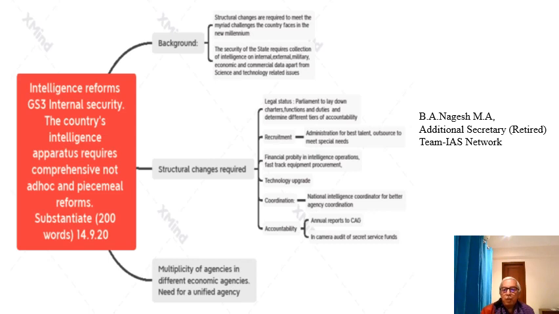So in this context, what I would like to say is every economic department of the government, whether it is Enforcement Directorate, Intelligence Bureau, or the CBI, or the RAW relating to military intelligence. So there are multiple agencies dealing with intelligence. So what we suggest is, can we not have a national intelligence coordinator, just like the national security advisor?